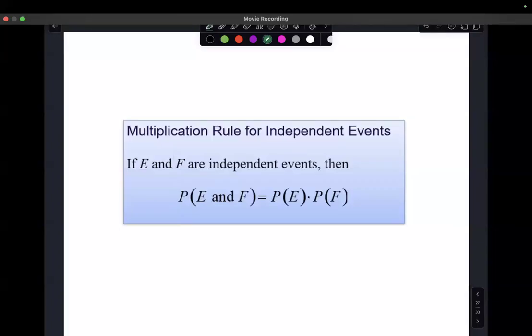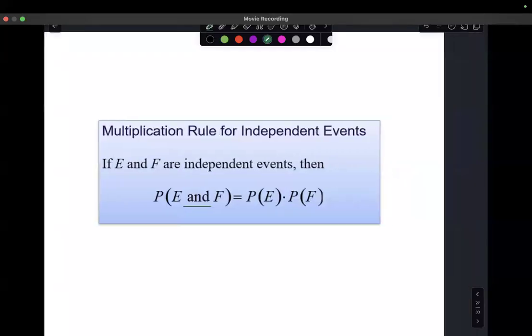I frequently call these "and" probabilities, because the word and is going to be in between the two probabilities. When you see the probability of this happening and this happening, two things both have to be true, so we multiply their probabilities. We multiply the probability of E times the probability of F. This is the multiplication rule, for "and" probabilities.